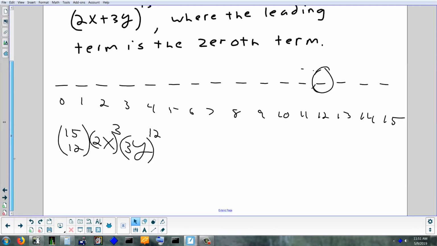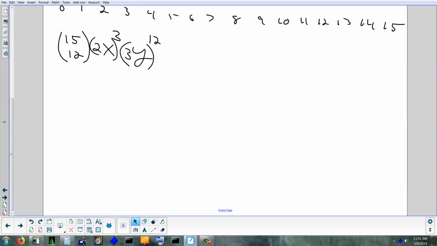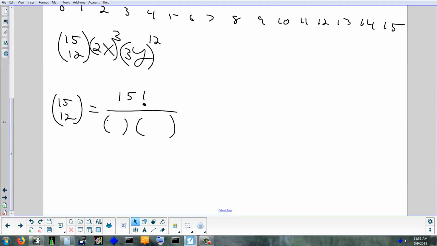Okay, so to figure it out, what goes on top? 15 factorial. And on the bottom? 3 factorial and 12 factorial. When you write out 15 factorial in the top and cancel it with the biggest thing in the bottom, what's left?